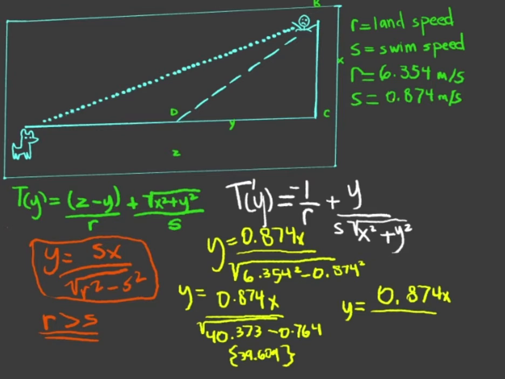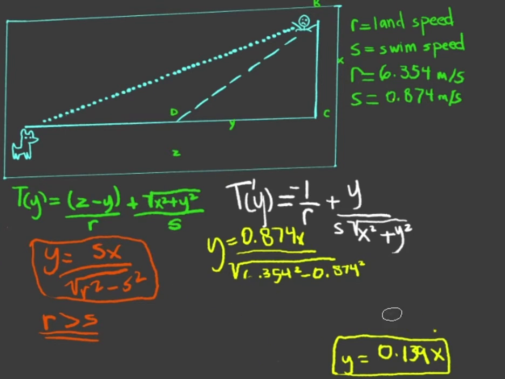We do some quick calculating and find that with the given speeds, y equals 0.139x, which will give us Lassie's optimal route if we are given the distances.